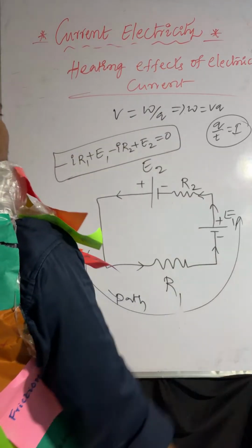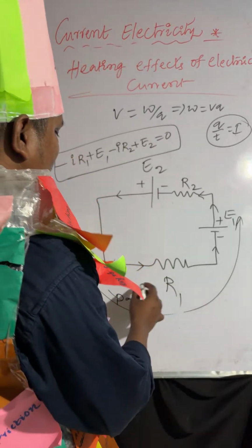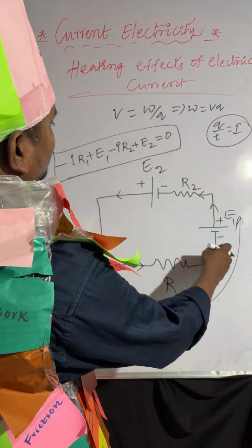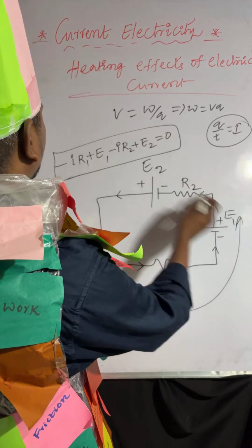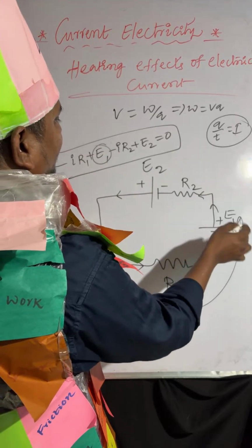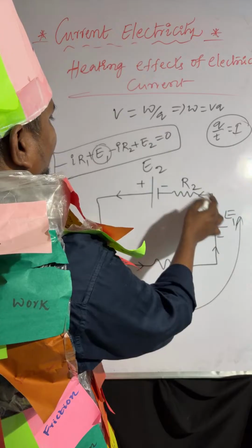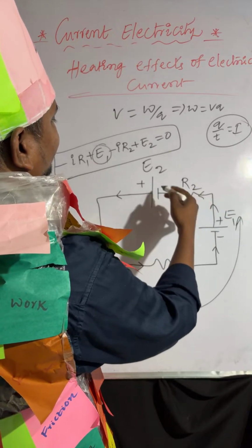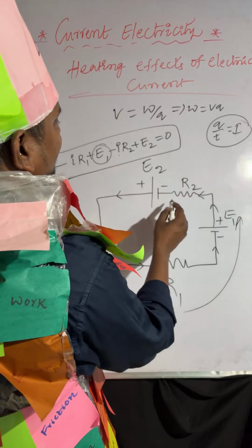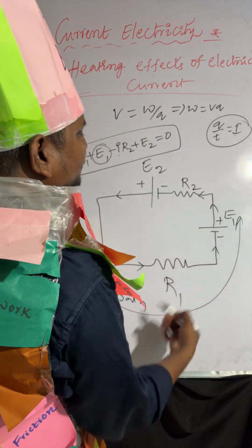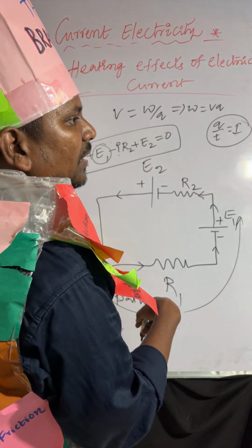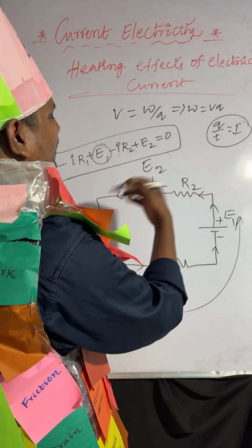This is the equation. Check once: I R1, because same direction. Going negative to positive, E1, so EMF is positive. Again moving in the current direction, so the IR term is negative. If the current is moving like this and you are taking the path opposite, then it is positive. Okay, like that.